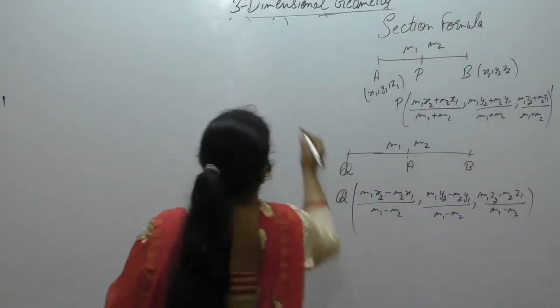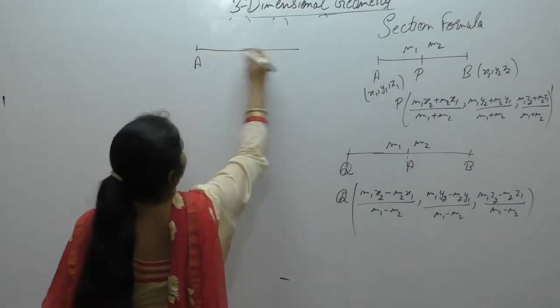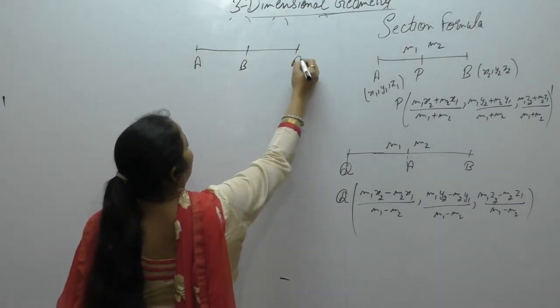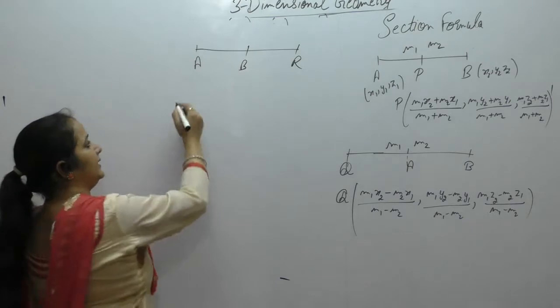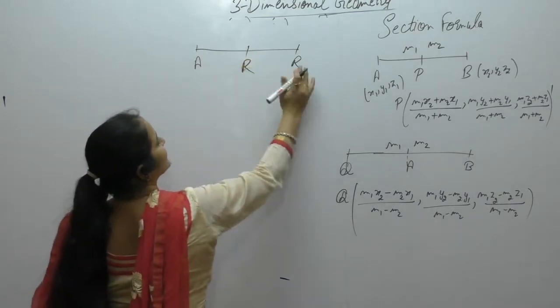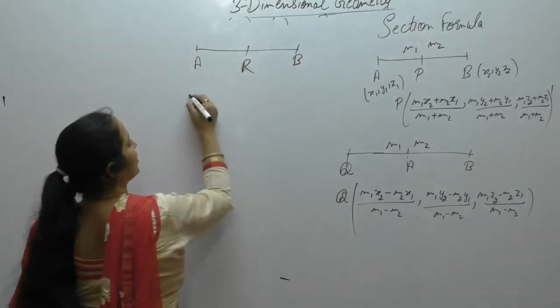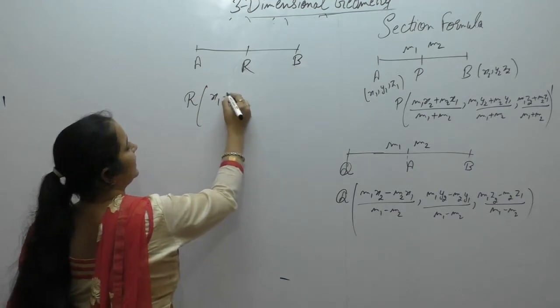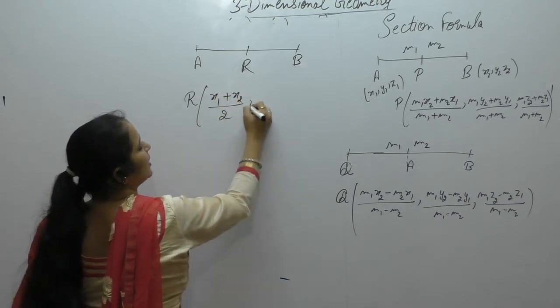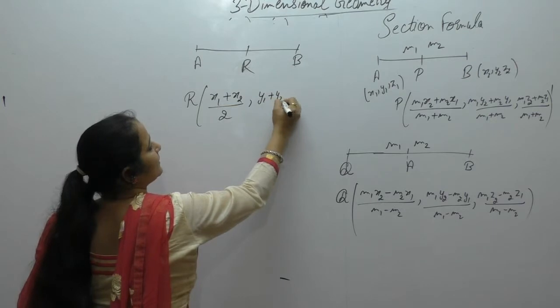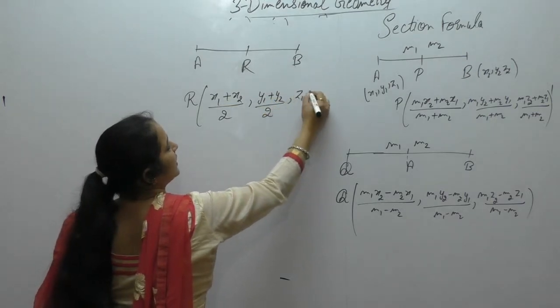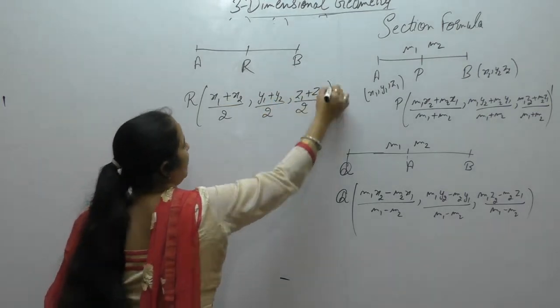And if R is the midpoint of A and B, then the coordinates of R will be (x1 plus x2) upon 2, (y1 plus y2) upon 2, and (z1 plus z2) upon 2.